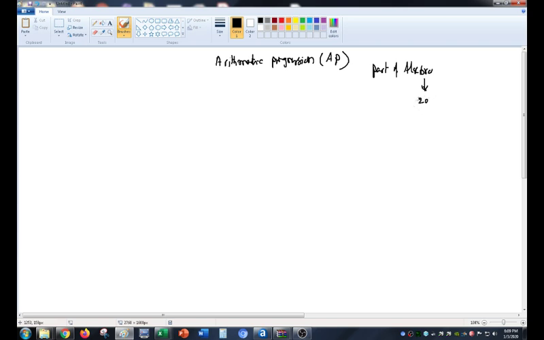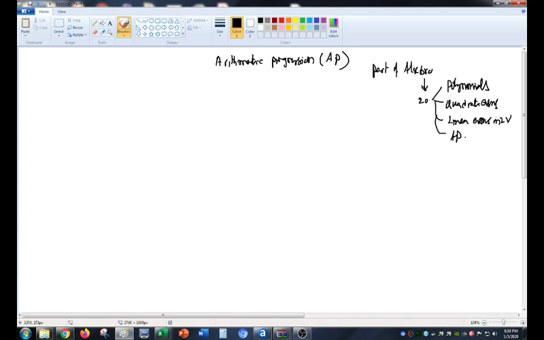So in these 20 marks there are 4 chapters. One is polynomials, the other one is quadratic equations, the other one is linear equations in 2 variables, and arithmetic progression.